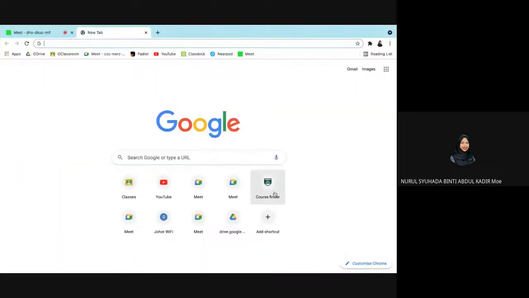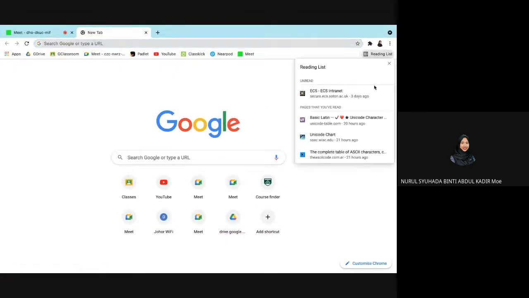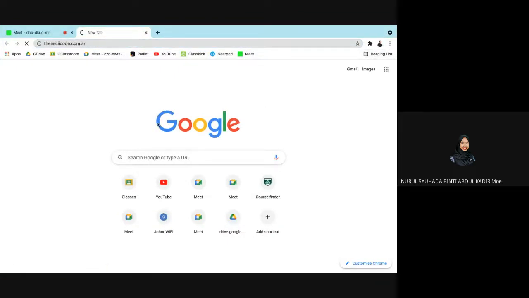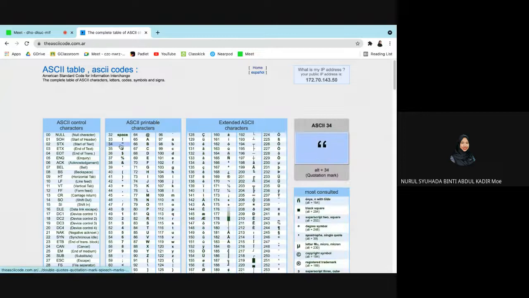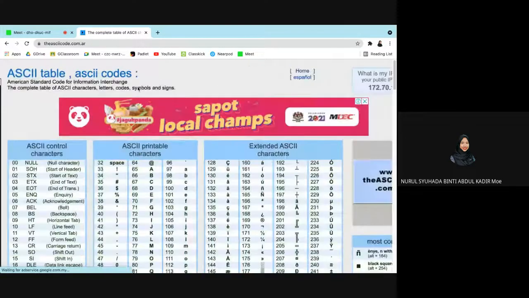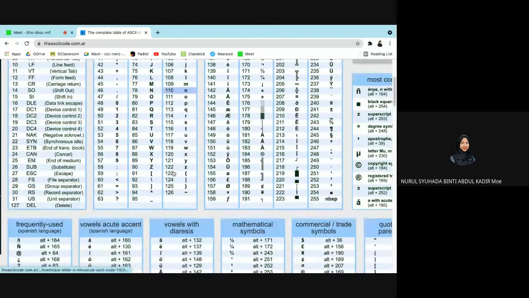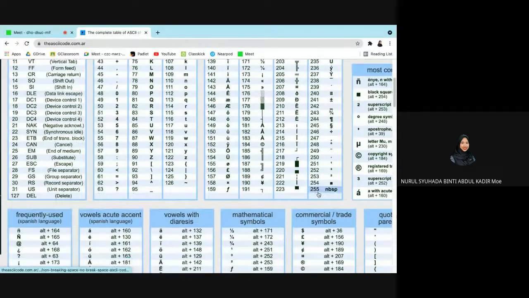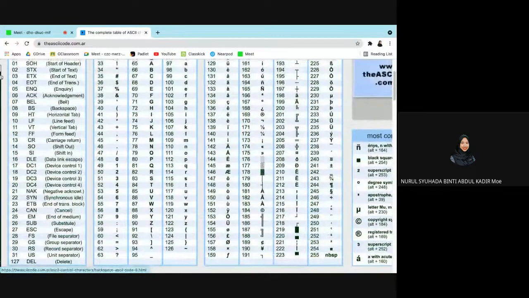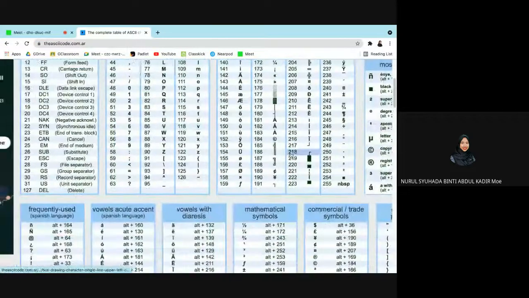Okay, kalau you nak tengok, saya tunjuk dia. Alright, this is the table for ASCII code. Tengok, dia boleh tunjuk, ini kosong, simbol yang pertama, and then dia boleh ada sampai 255 saja. Kenapa 255? Sebab dia start dari kosong lah, so that's why 0 to 255.